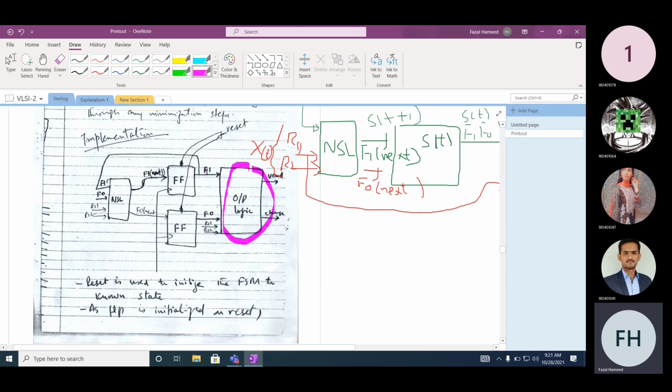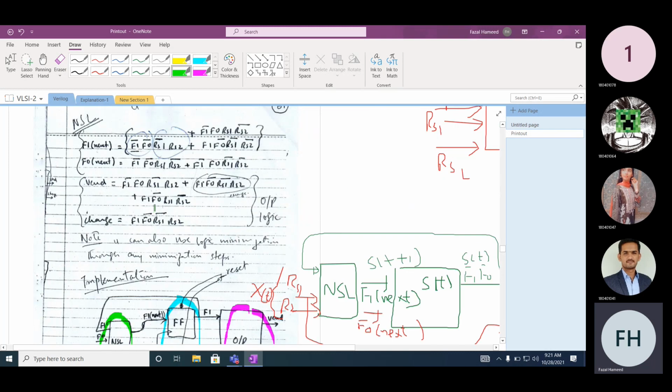If you look at this figure, this is your output logic. Your output logic is a function of, now we have used 2 flip-flops. Here is the state memory, and here the next state logic, and then this is F1 next and F0 next. Now these are the gate level descriptions of all these things, and it's your homework to work out how we get these numbers.